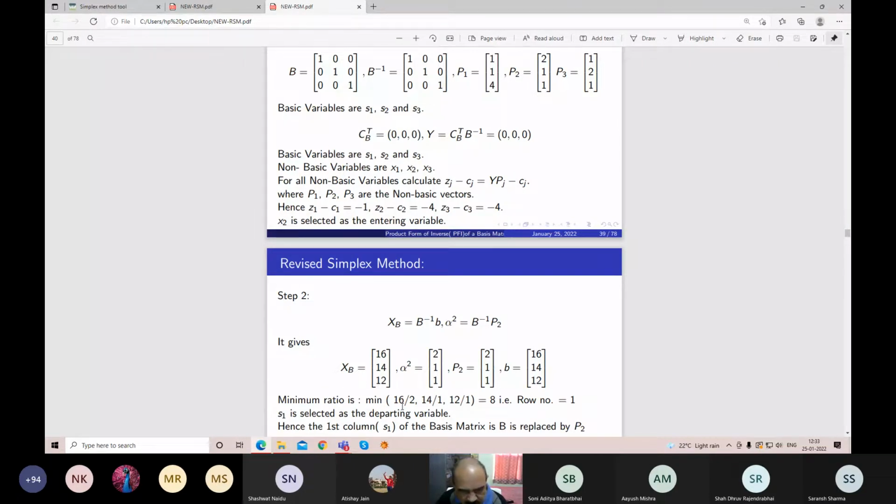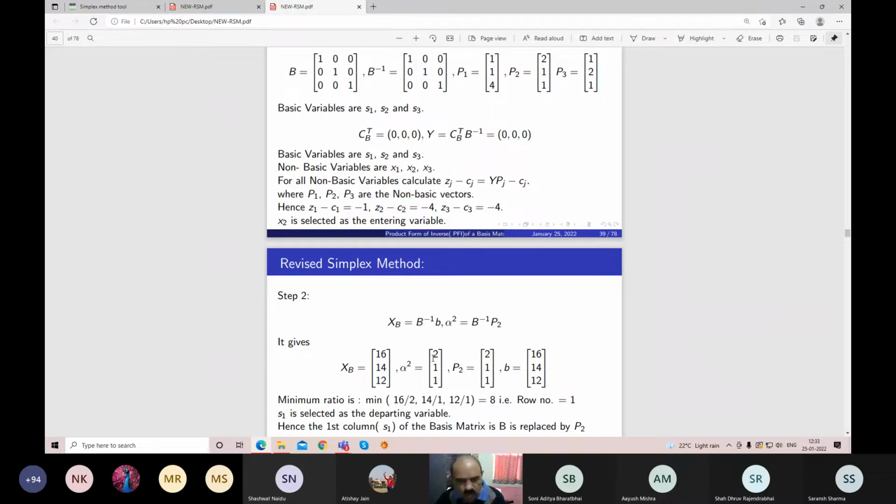What is minimum here? Minimum is 8. That minimum is coming with respect to the first element, this 2. In the simplex table, this 2 is our key element. But here we are not talking about the key elements, we are talking about the pivoting elements.